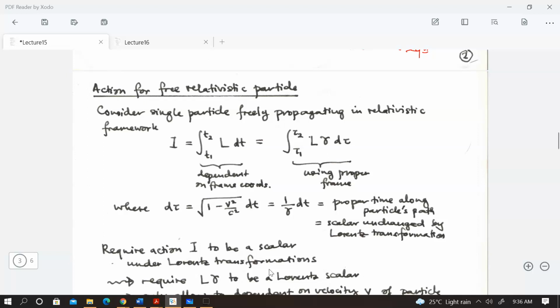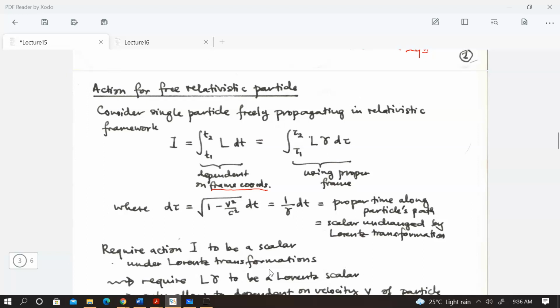But if you do it in this particular form, it will be dependent on your reference frame coordinates. So it's not desirable to do that in this particular context. Your action will depend on your frames, so we need to convert this to an expression that is independent of frames.